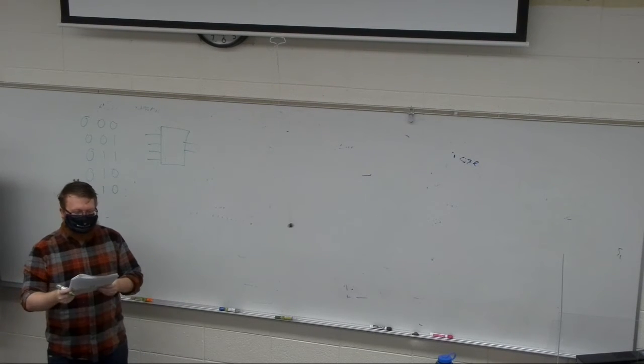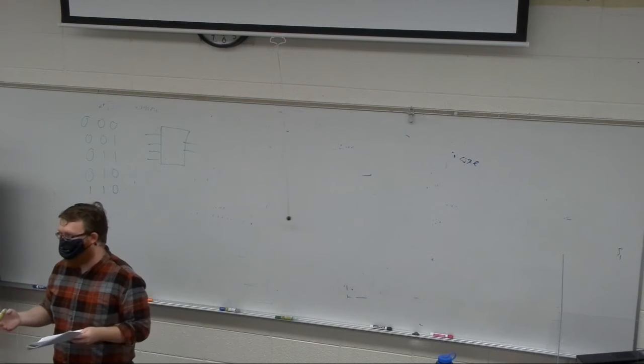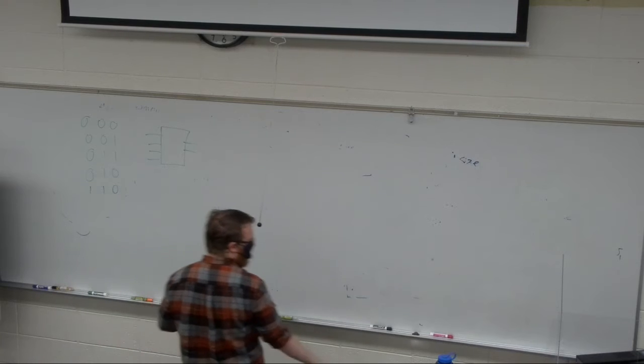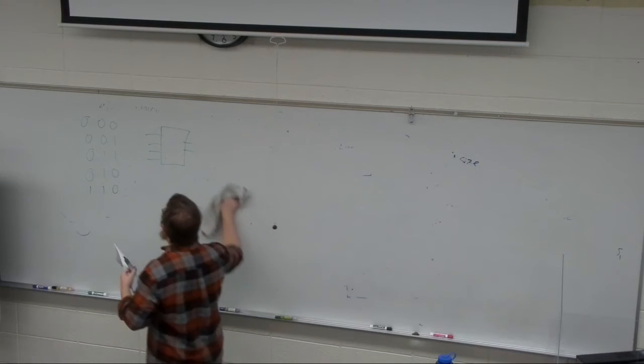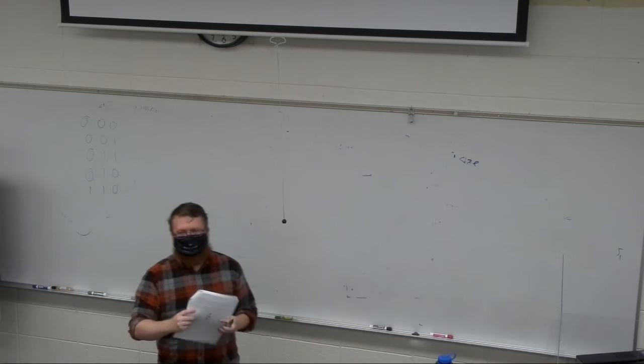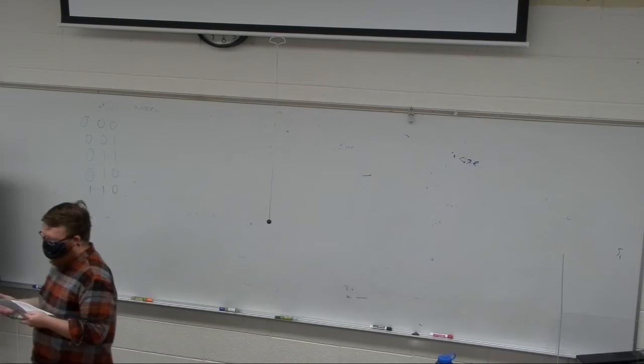So let's say, I'm going to just walk through example 10.3 because this is a useful exercise as kind of an all-encompassing idea. For example 10.3, what they're saying is we want to design a circuit for what we call a priority encoder.